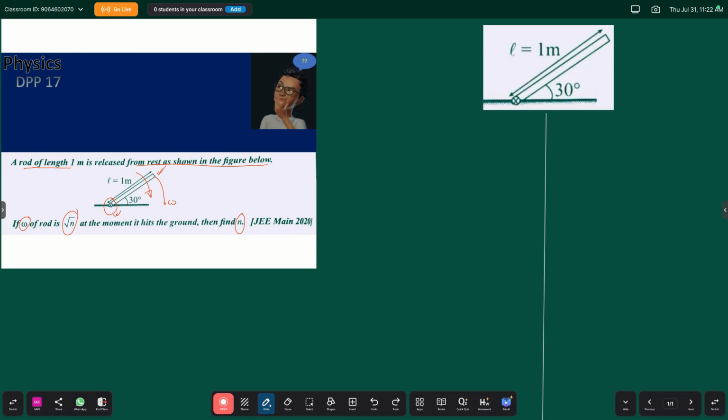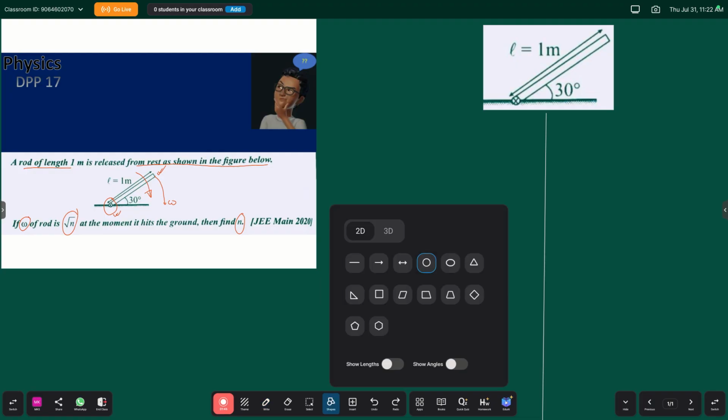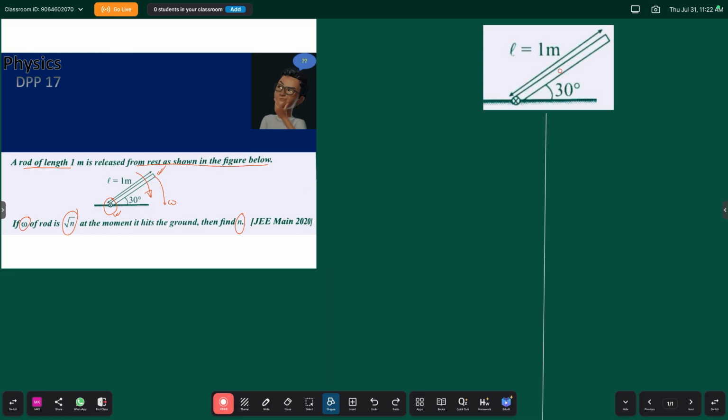Nothing has been mentioned about the rod uniformity, but actually it should have been mentioned. So we should take that the rod is uniform. Then we can comfortably take the center of mass at the middle point of the rod.